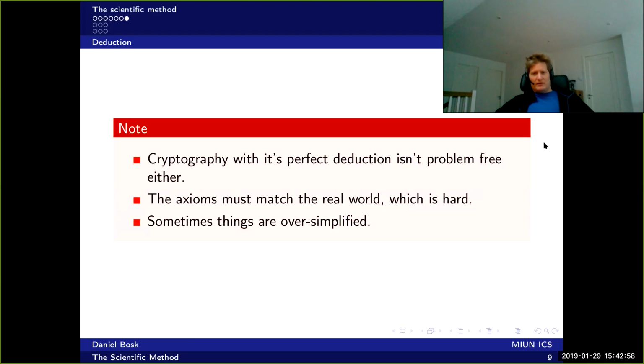But on the other hand, cryptography isn't perfect either. Although it has perfect deduction, it's not problem-free, because the axioms that you use must actually match the real world, and this is actually hard. Sometimes things are oversimplified, as was the case of our example, where we assumed that we have this pipe, and when you communicate, the adversary cannot see this.